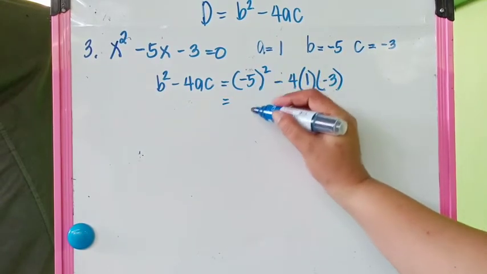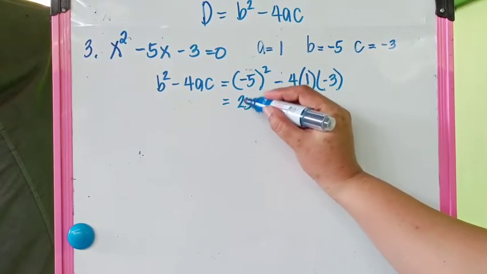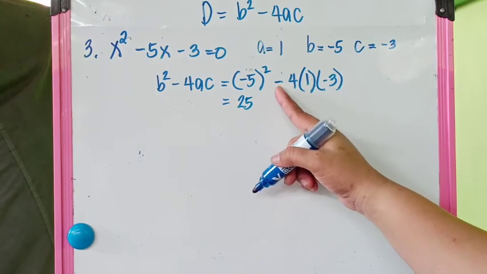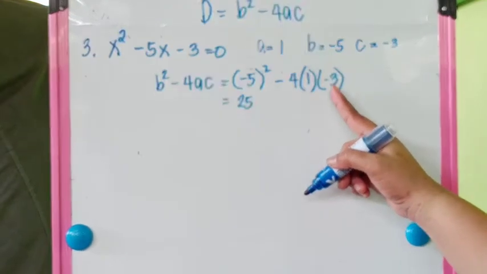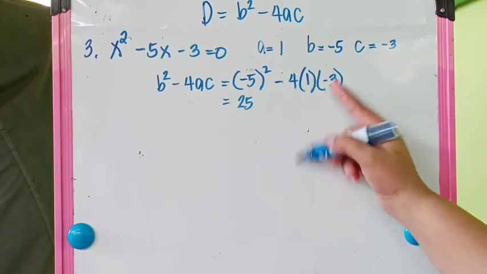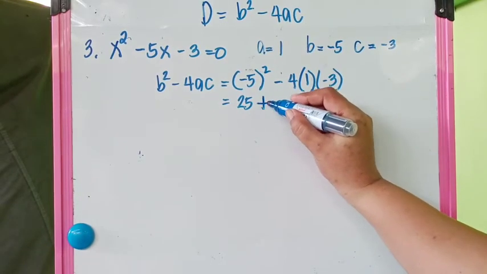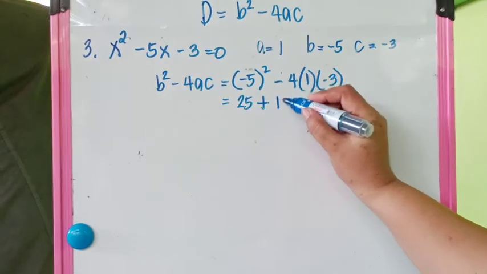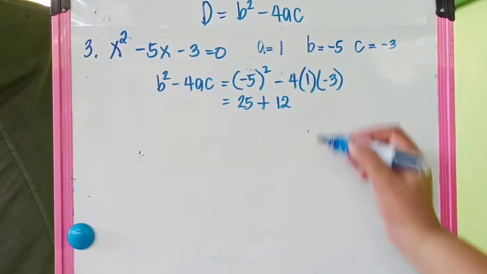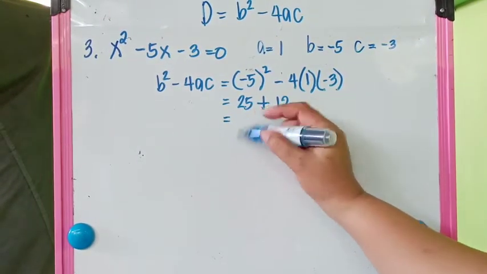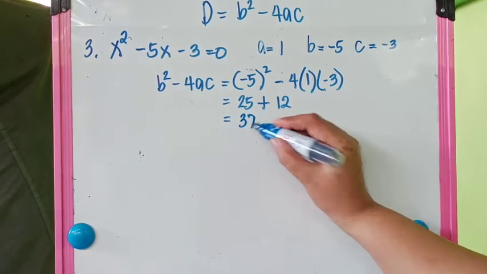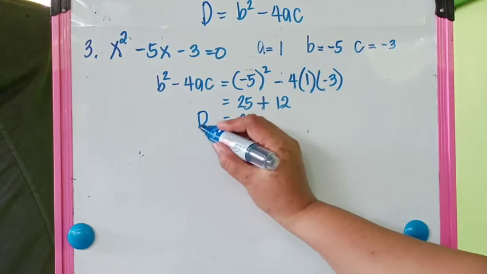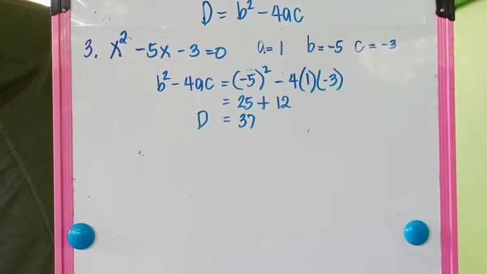Then, the square of negative 5 is 25. Then, we have negative 4 times 1 times negative 3. So, that is positive 12. Now, 25 plus 12 is equal to 37. So, the discriminant now is 37.